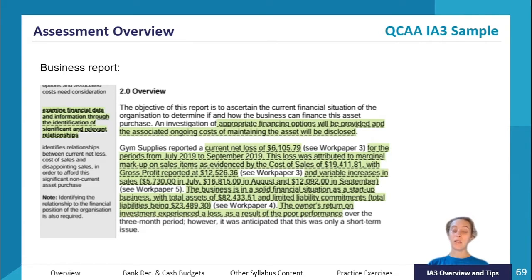The business is in a solid financial situation as a startup business. So you need to not just say things like that, but then back it up again. So here they've got total assets and limited liability commitments and the figures for each of those.